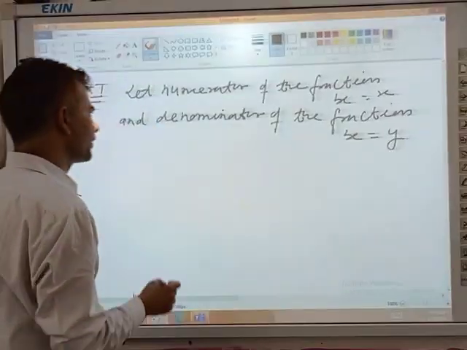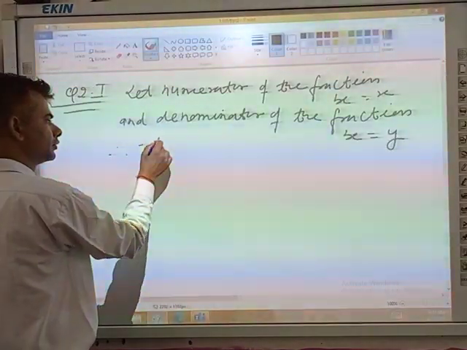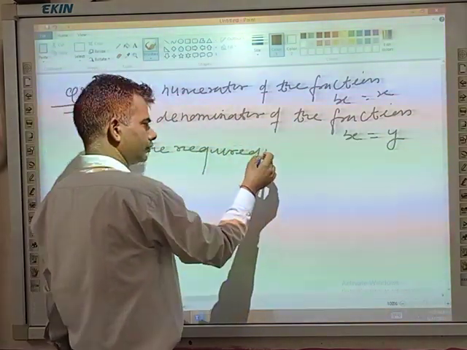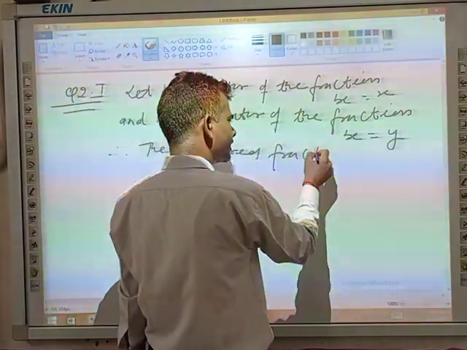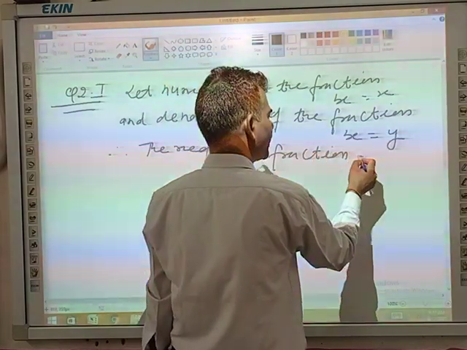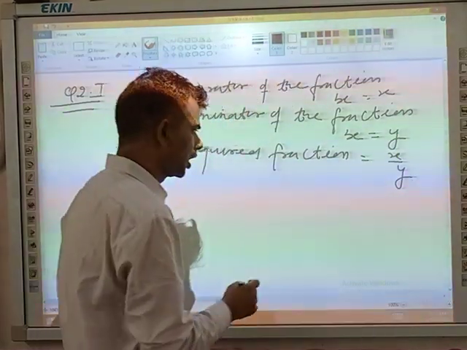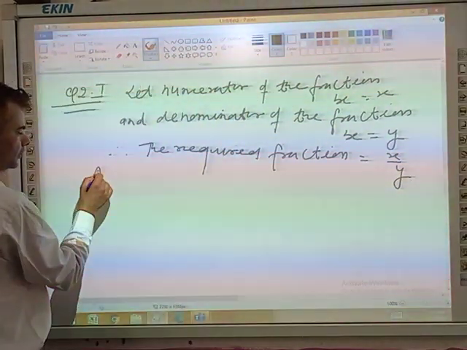Therefore, the required fraction is x by y, numerator by denominator, according to first condition.